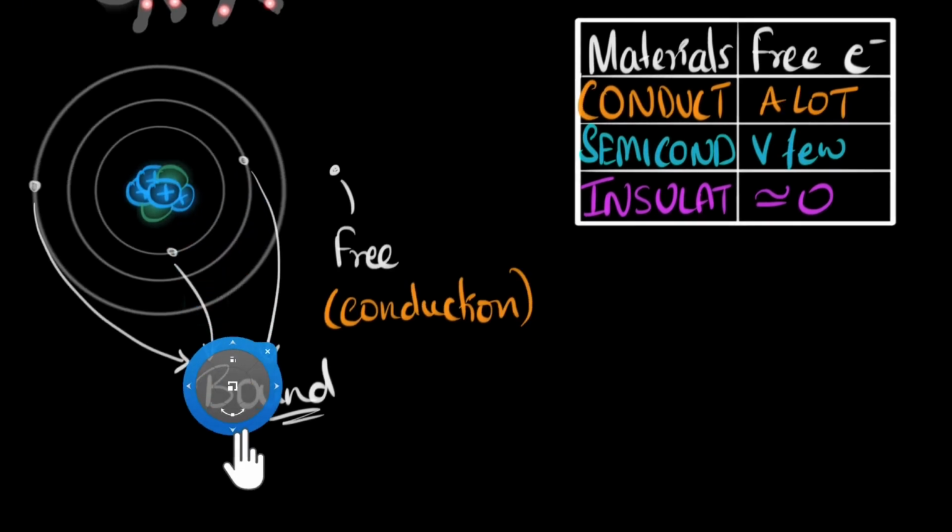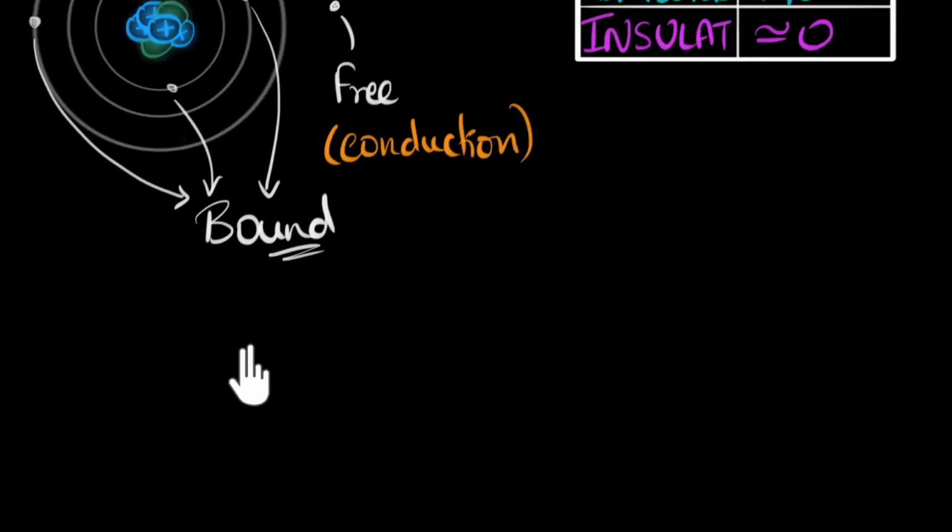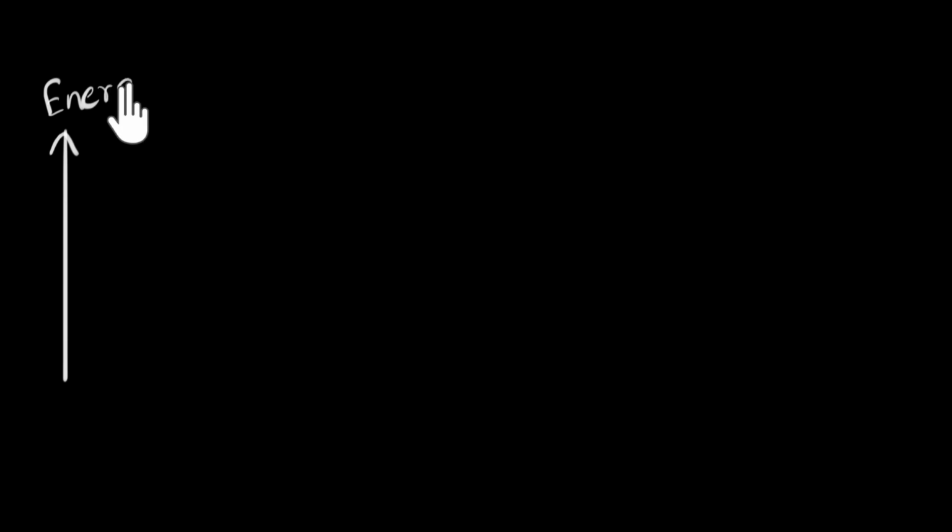Now, you may have already learned about this in chemistry. It turns out that instead of thinking of where the electrons are and what orbits or what path they take, it's much better to think about them in terms of energies. It's better to think about what are the energies that the electrons can take up. And you may have already studied in chemistry that inside any atom, so if I draw over here energies, inside any atom, electrons can have only some specific energy values.